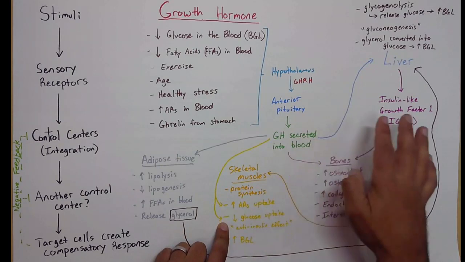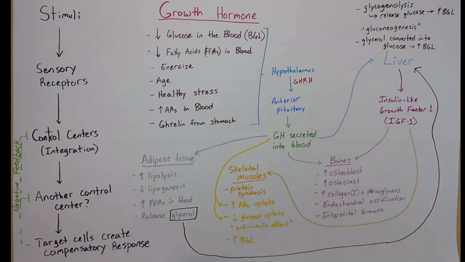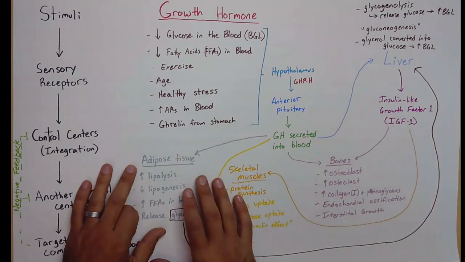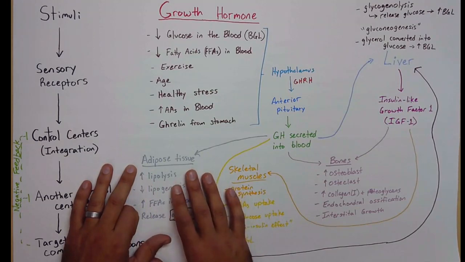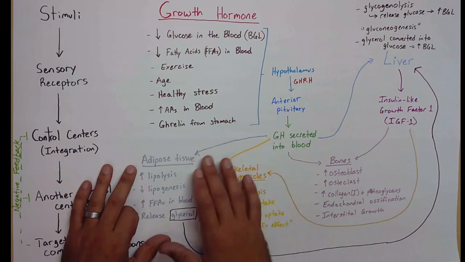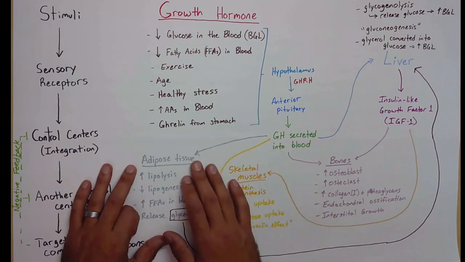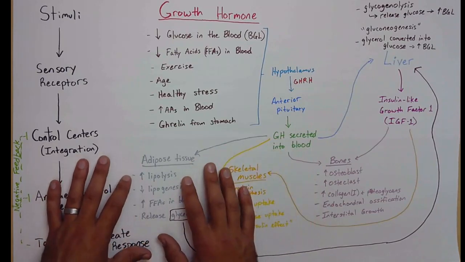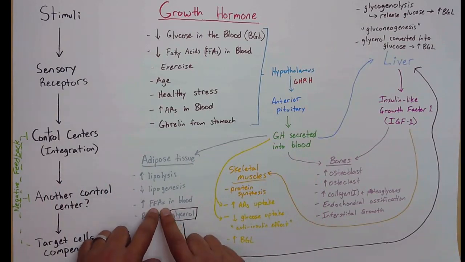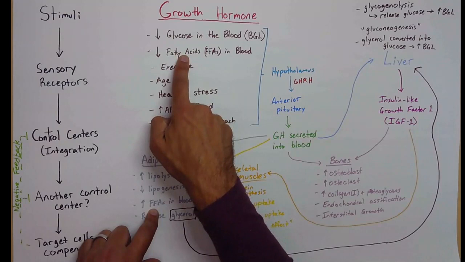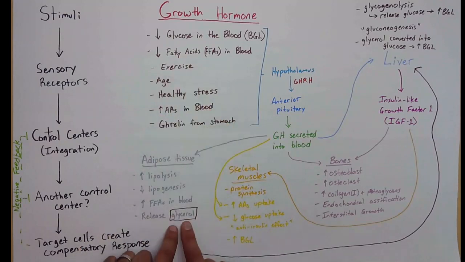Growth hormone and insulin-like growth factor are both going to also act on adipose tissue, but the primary one is growth hormone. Direct effect of growth hormone is to cause lipolysis. And as I break down fats, I'm going to be releasing free fatty acids in the blood, countering the original stimulus, and I'm releasing glycerol.